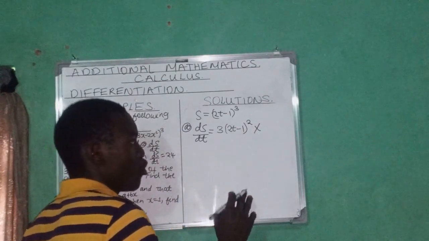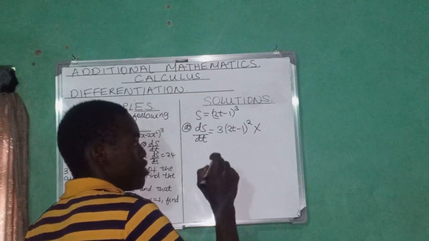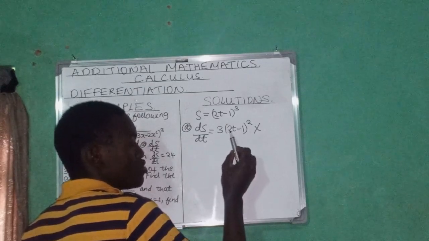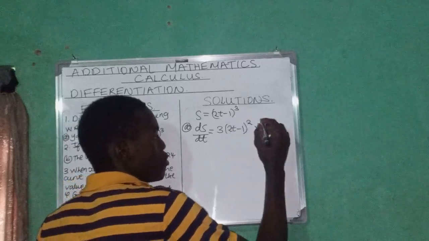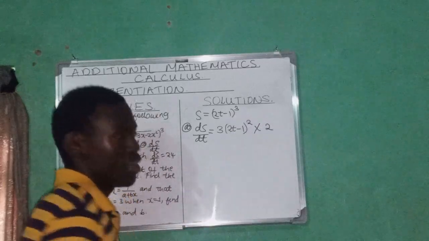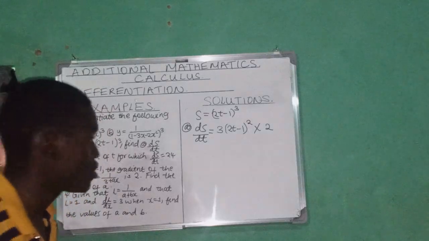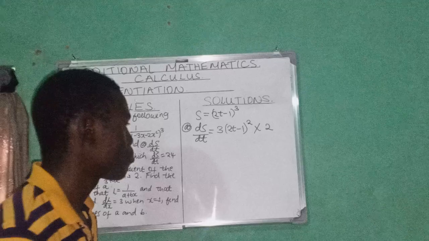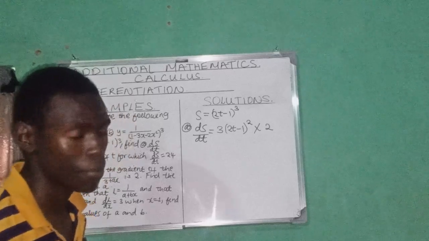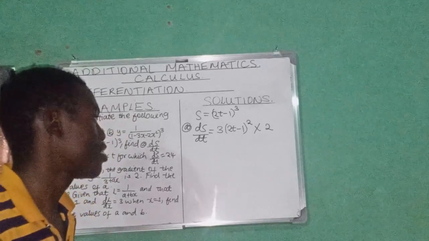The derivative of the core is whatever is inside the brackets here, okay? You differentiate it. So differentiate 2t, you're going to just remain with 2. And then if you differentiate negative 1, you're going to have 0. The derivative of a constant is 0.